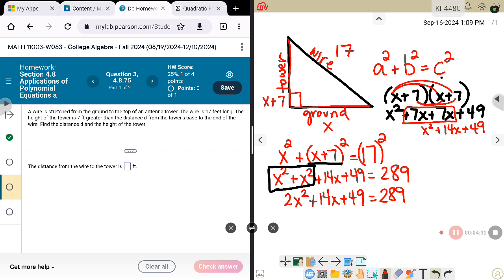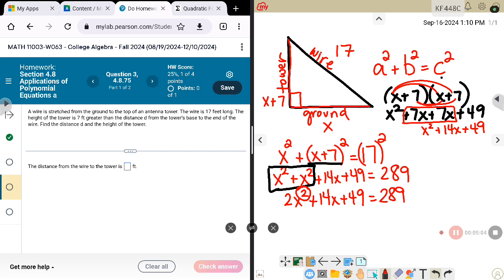289. So now I am solving an equation that has the highest exponent of a 2, which means it's actually a quadratic equation. I have my quad calculator that I can use, but before I can plug in my A and B and C, remember in the last video, you had all the terms, the x squared, the x, and the constant on one side, and what was it always equal to?